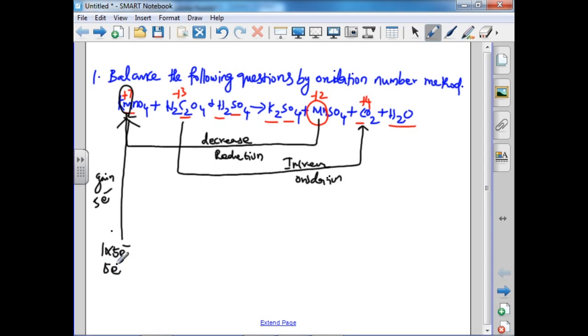The oxidation number of carbon in H2C2O4 changes from +3 to +4, so loss of 1 electron. That is 2 atoms, so 2 into 1 electron is equal to 2e.